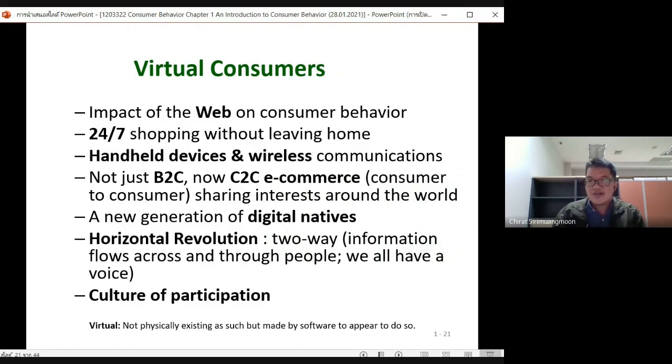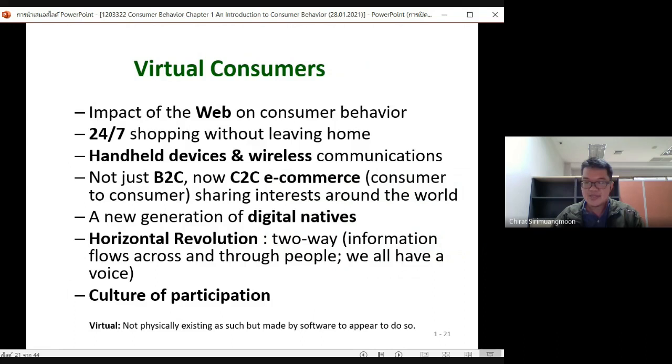Then we just talk about consumer-generated content. It's like here too, horizontal revolution. Horizontal means having the same level, same levels of sharing. You have some knowledge, some information you can share with other people at the same time by using a blog, using Twitter, using Facebook.